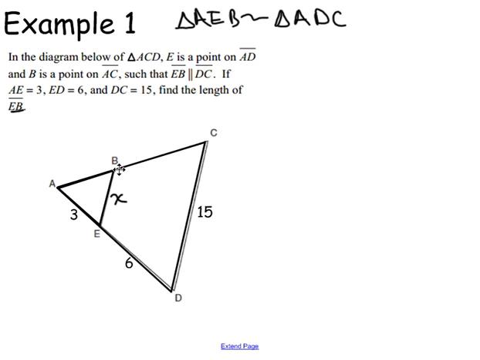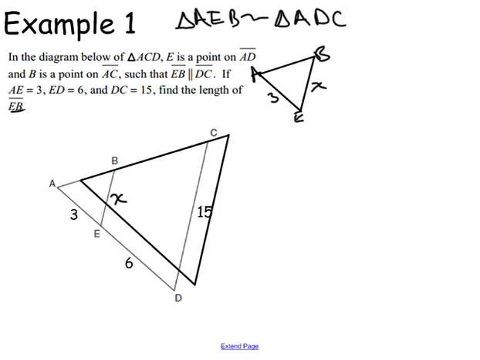So what I'm going to do is separate the overlapping triangles. I'm going to take the little triangle and put it here. I'm going to label the vertices A, E, and B, and label the sides they gave me. AE is 3, EB is X. Now I'm going to take the big triangle and put it here.